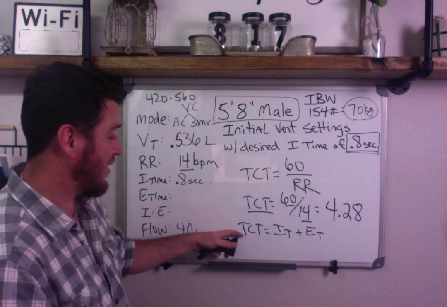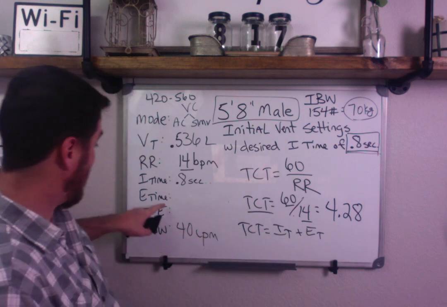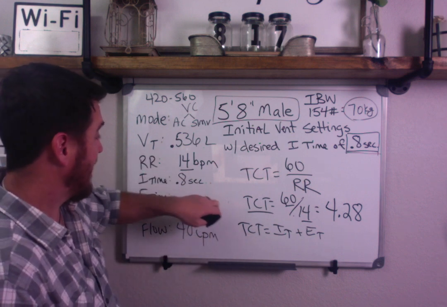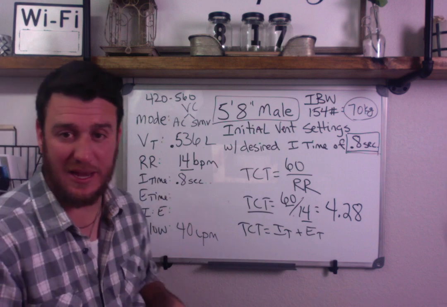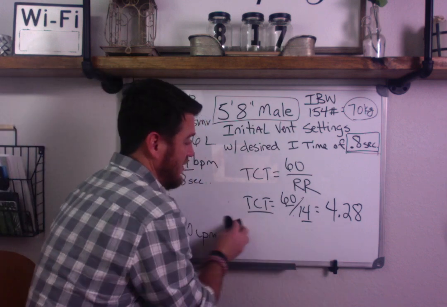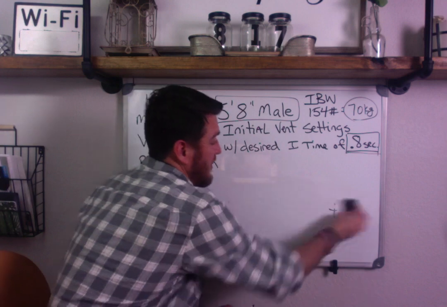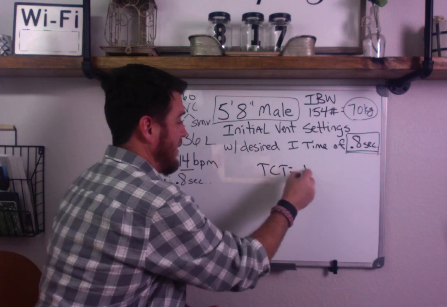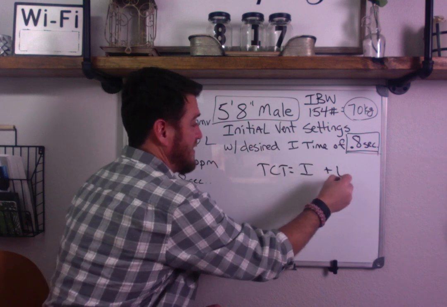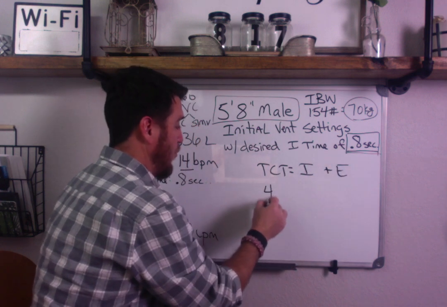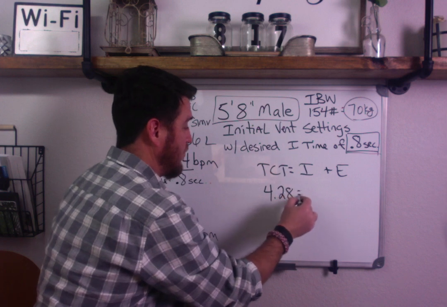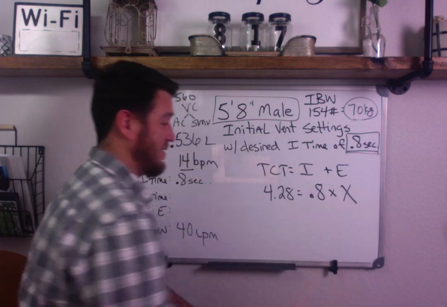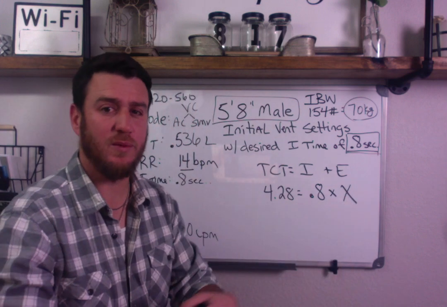We now can calculate our E time here based off of total cycle time and based off of our inspiratory time. So, I'm going to erase this. We know our total cycle time is 4.28. So, if total cycle time equals I time plus E time, then 4.28 equals 0.8 plus X. Right? So, here's what we do.